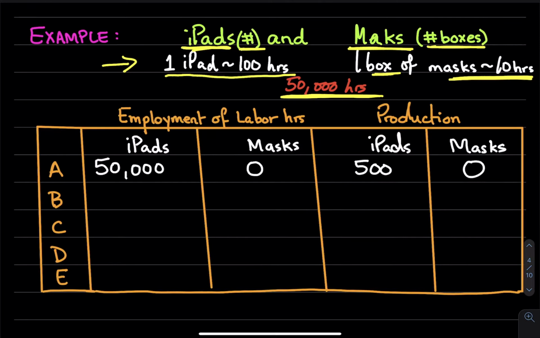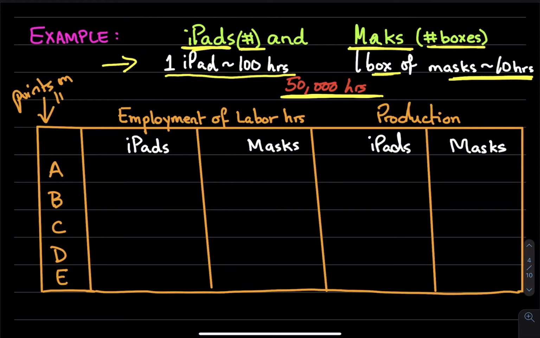Okay, so let's think about what this table is and why we need to make a table like this. Let me erase this so we can explain what's going on. Okay, so what we'll do is we'll make a table like this, in which the first column right here is going to represent points on the graph. The next two columns right here are going to tell us how we are allocating those 50,000 hours between iPad and mask production.